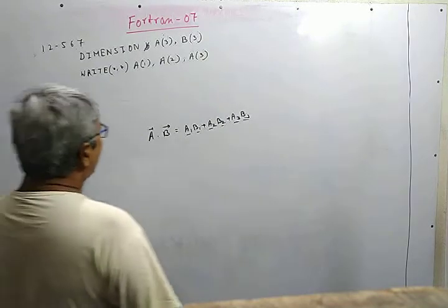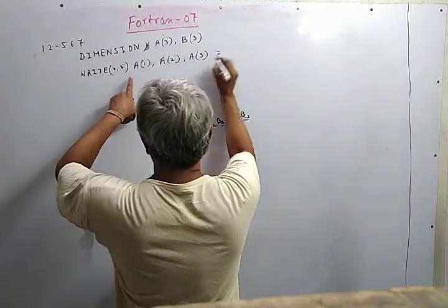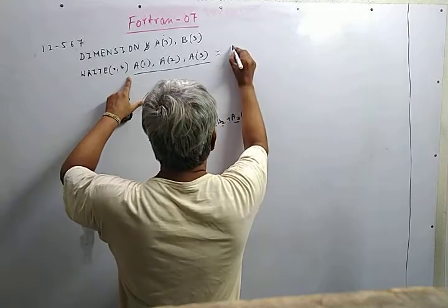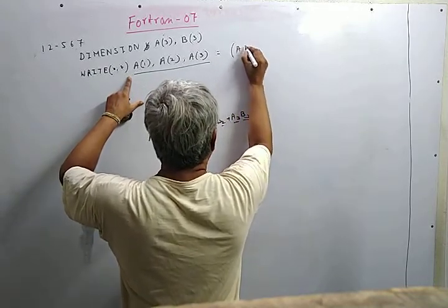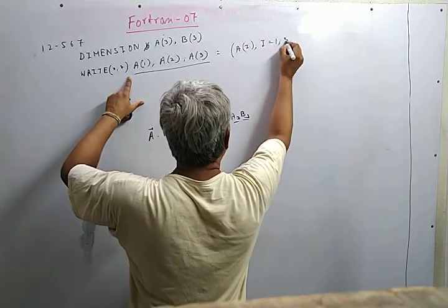Instead, we can write it as, this is an equivalent statement. For this part, we write (A(I), I = 1, 3).